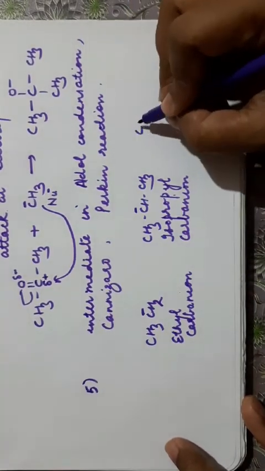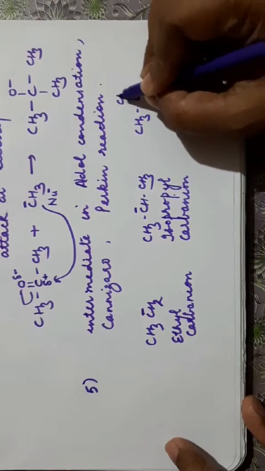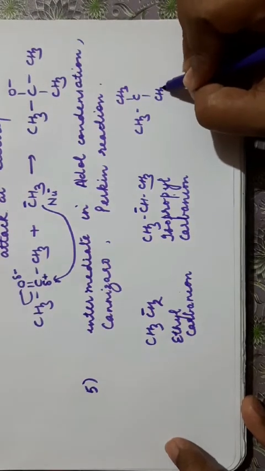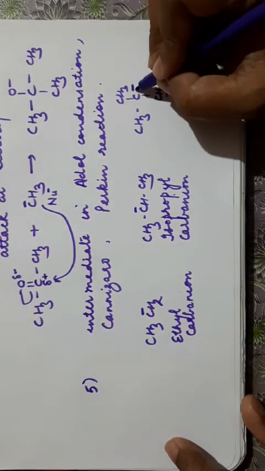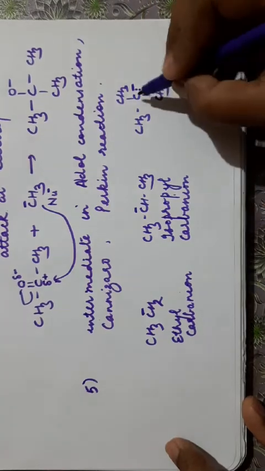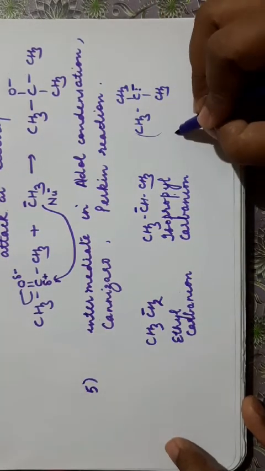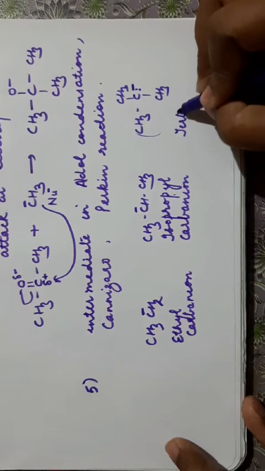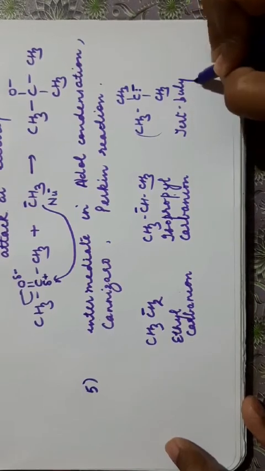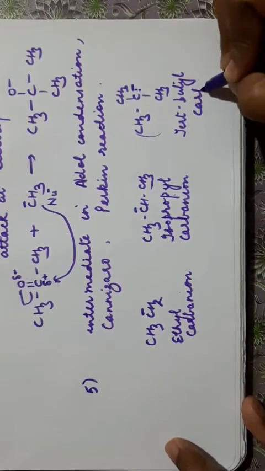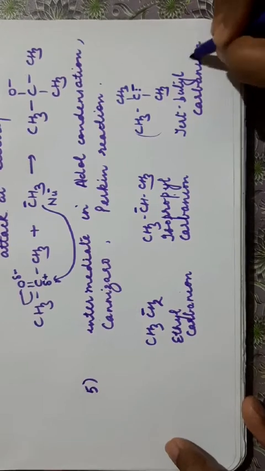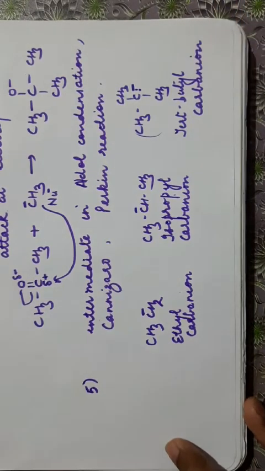Then if we have CH3, C, CH3, CH3 with a negative charge here, this is a tert butyl group, so the name will be tert butyl carbanion. So you have to write the name of the alkyl group and then attach carbanion to it.